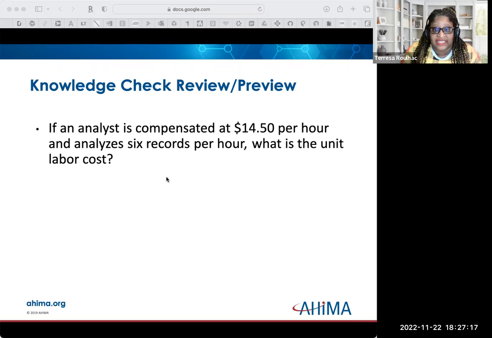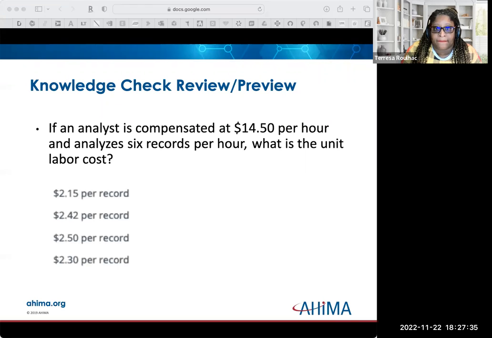If an analyst is compensated at $14.50 per hour and analyzes 6 records per hour, what is the unit labor cost? You have $2.15 per record, $2.42 per record, $2.50 per record, or $2.30 per record.